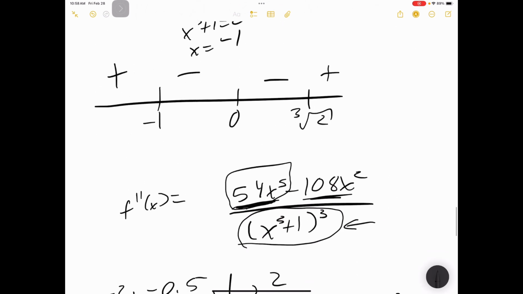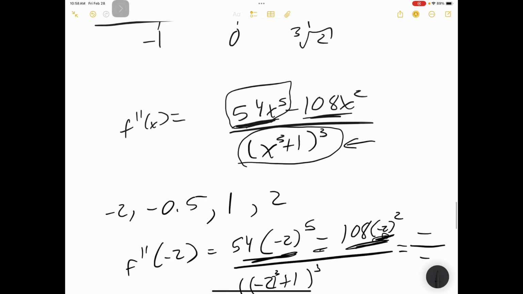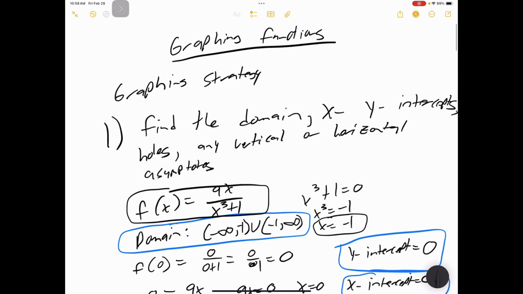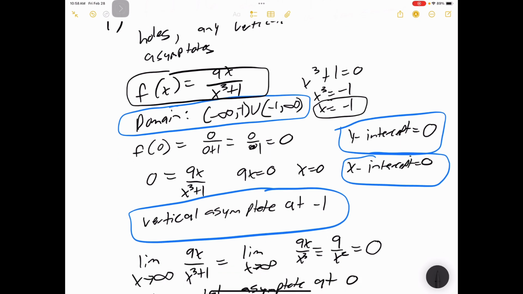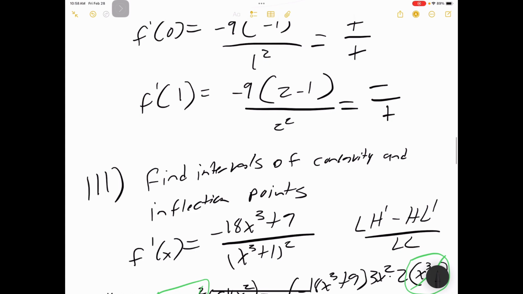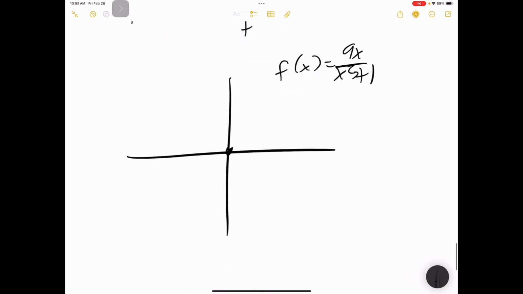Now this has been a very long problem, but let's finally put all of our pieces together and try to graph f of x equals 9x over x cubed plus 1. And we'll start at the top. The first thing we found was that the y-intercept and x-intercept are both at 0, which means we have the point 0, 0.